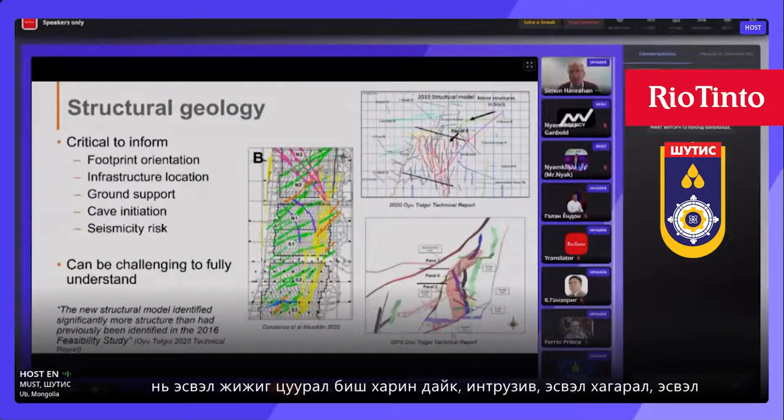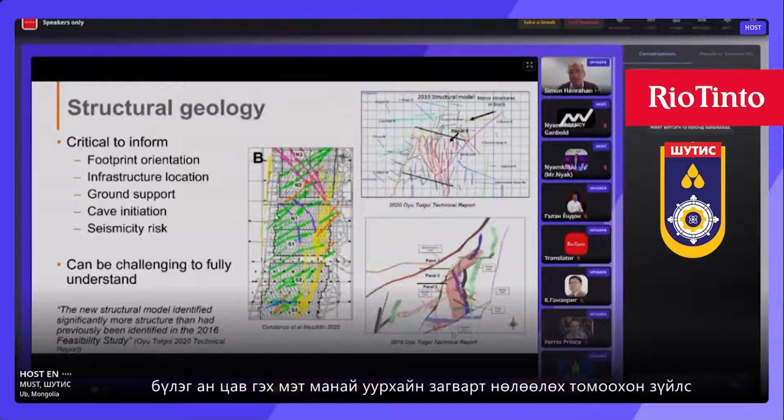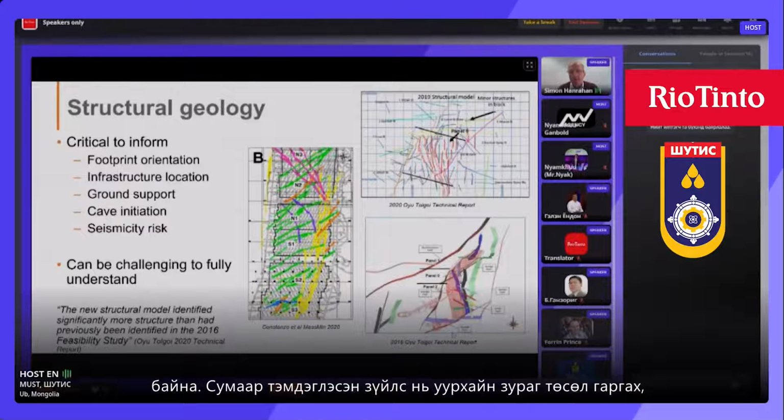And that's illustrated in the bullets there, where we can see a number of things that are really critical when we design and build a mine that can be influenced negatively by structural geology, and why we need to put a lot of time and effort into understanding that structural geology upfront, such that we can address all those sorts of things.